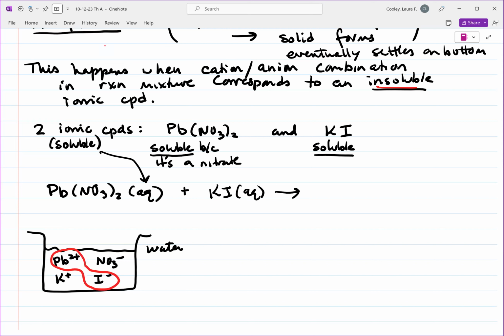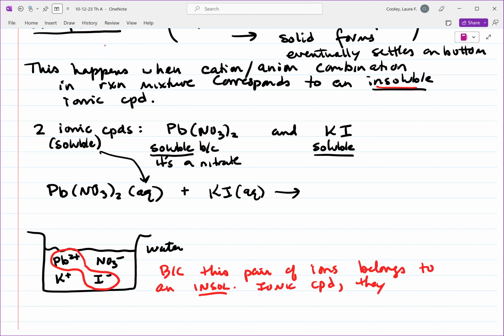So I guess I would say that because this pair of ions belongs to an insoluble ionic compound, they stick. And what's going to happen is that lead iodide will precipitate.